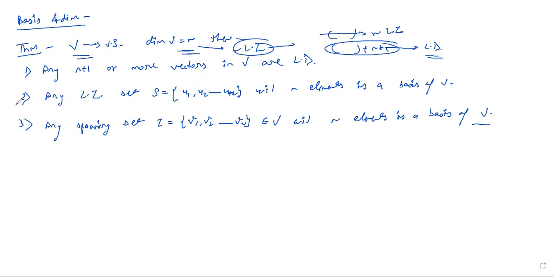Next statement is that any linearly independent set which has n elements forms the basis of V. And any spanning set which has n elements also forms the basis of V, because we have the dimension n here.